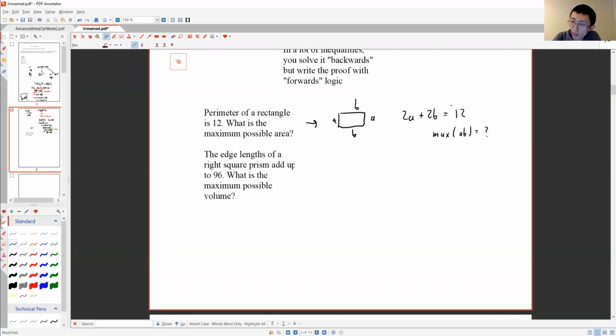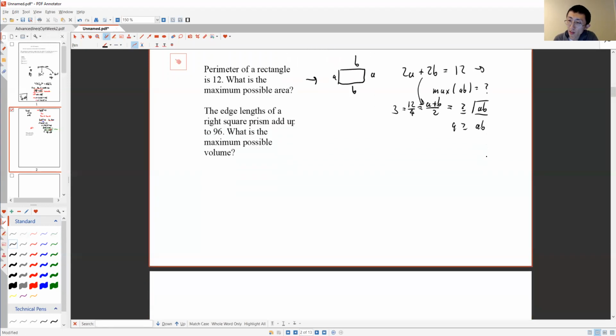Well, this is kind of a direct application. If you divide this by 4, we get a plus b over 2 is equal to 12 over 4, which is 3. And by the AMGM inequality, it's greater than or equal to the square root of AB. So 3 is greater than or equal to the square root of AB, so 9 is greater than or equal to AB.